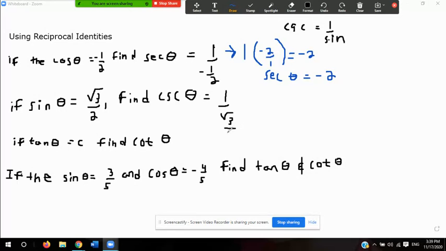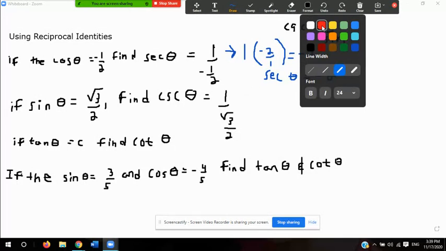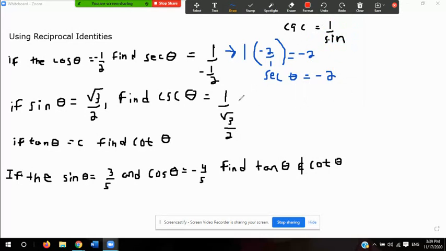Now, remember that when we're dividing a complex fraction, we have to reciprocate. So this is going to be 1 times 2 over the square root of 3. So now I have the reciprocal of the square root of 3 over 2, which is 2 over the square root of 3.